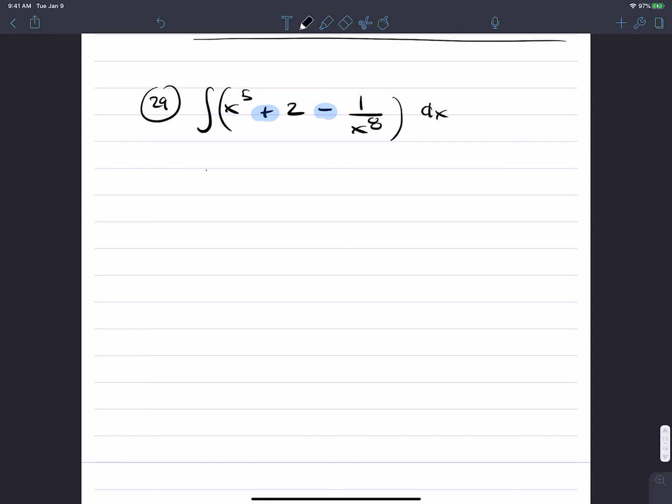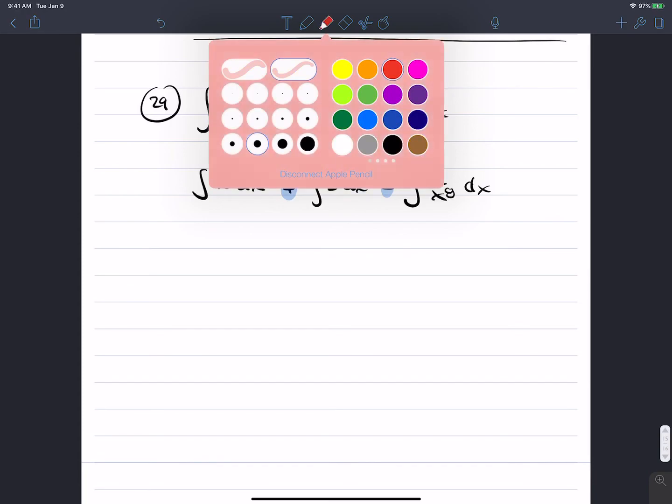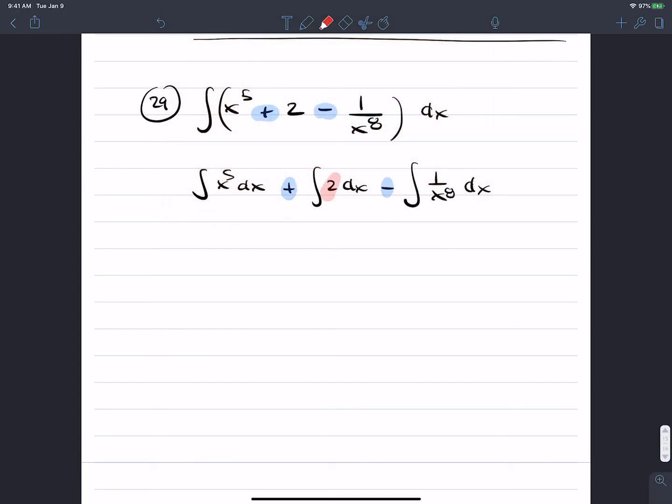So you're going to have the integral of x to the fifth dx plus the integral of 2 dx minus the integral of 1 over x to the eighth dx. This is using our sum and difference properties. Pull out your constants. And in this case, there's only one.